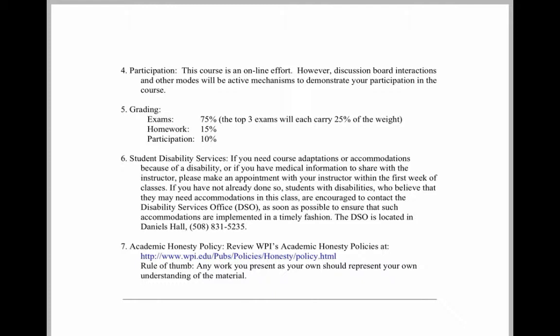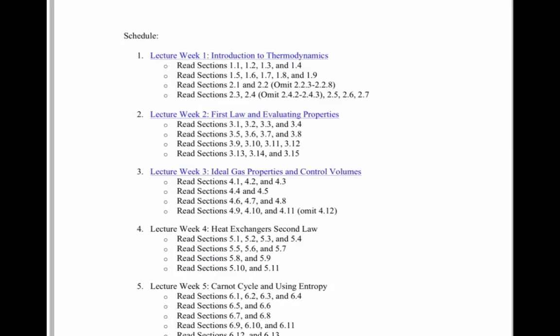And that will go a long way toward participation, but it will also keep the academic honesty intact. So, for our schedule, this week, week 1, which we are in now, we will cover all of chapters 1 and 2. In the second week, we will cover chapter 3, and so on.